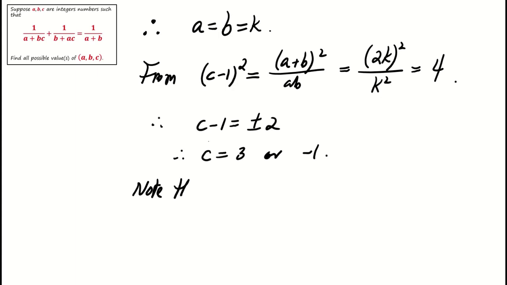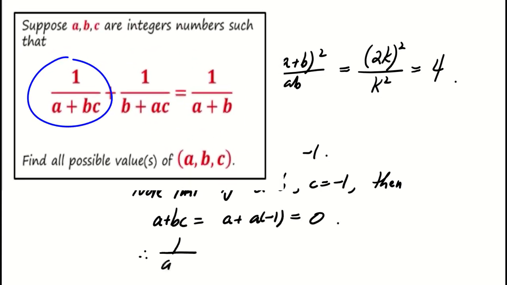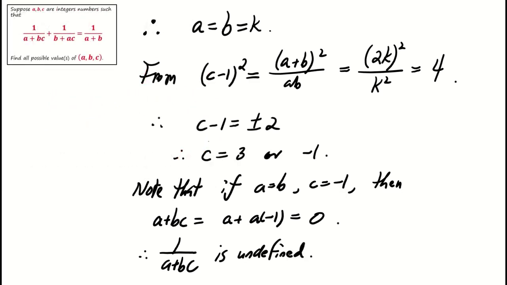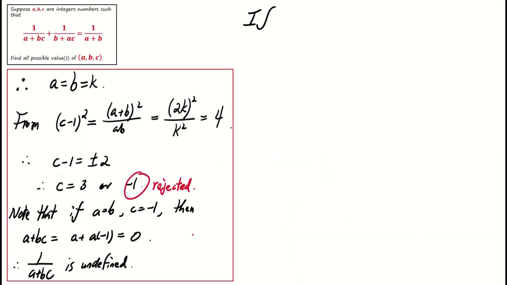Note that if a equals b and c equals -1, then a plus bc becomes 0. This implies that one term from the original equation is undefined. Hence, c equals -1 is not a valid solution. Now, checking for the other case, a equals b and c equals 3.